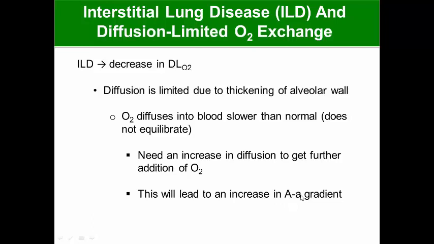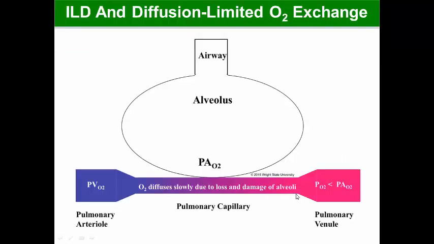Remember, under normal conditions where the exchange of oxygen is perfusion limited, there is no gradient in the partial pressure of oxygen between the alveolar air and the arterial blood. So this is what we have here now. Now oxygen diffuses in interstitial lung disease.